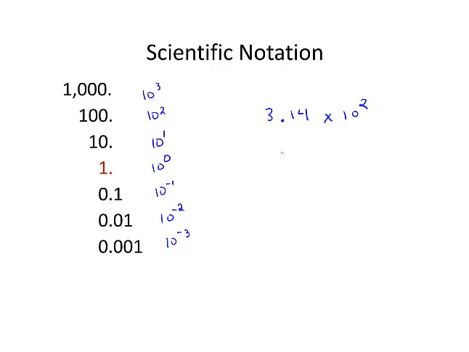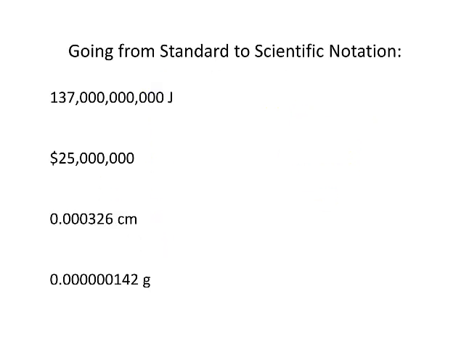This means 3.14 times 100, which means that we would move the decimal 2 places to the right, which would be the same as 314. The exponent on the 10 is going to tell us how many places we need to move the decimal point.